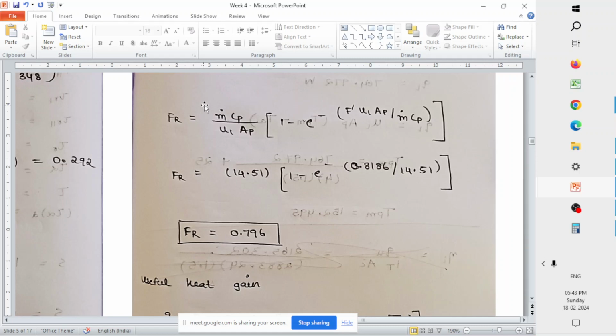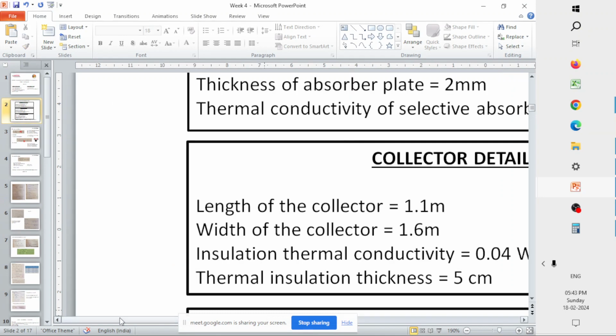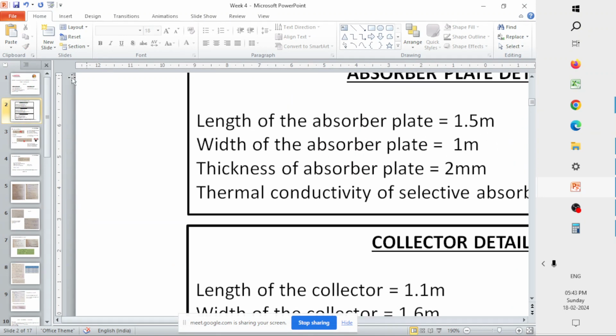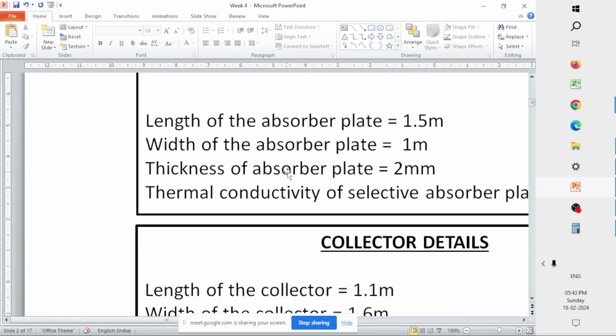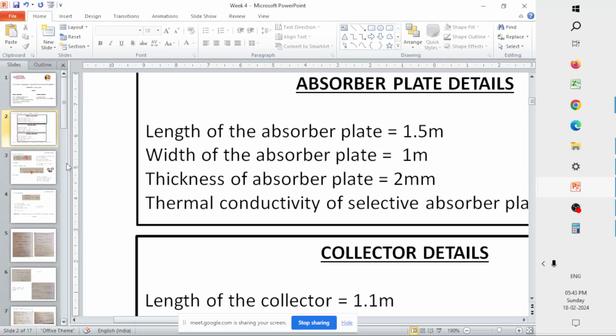AP is the area of the plate, which is nothing but the length of the collector plate and the width of the absorber plate. Let me just show. This one. So length into width is nothing but your area of the absorber plate. Here we assume that our absorber plate is rectangle in shape.